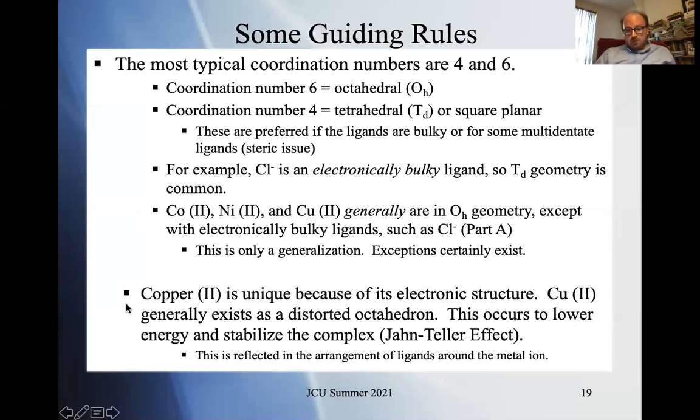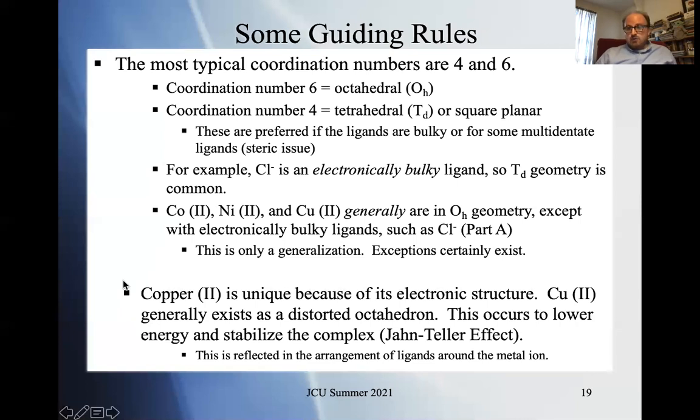So copper 2+ is a little bit different than the other two metals because of the amount of d electrons it has. This is not something that we wave our hand and it happens. This is just the reality that we've discovered as more and more data has come about. So in copper 2 complexes, in many cases, the complex exists as a distorted octahedron.